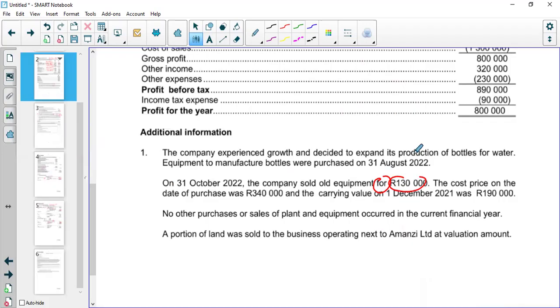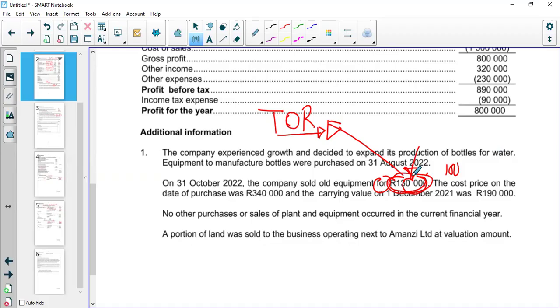Remember, the only time we include this proceeds is when it was actually received. Sometimes it's sold for 130, but you receive like 100 rand for now. And this 30,000 becomes part of trade and other receivables. So we need to be careful there. You don't always include the full selling price.